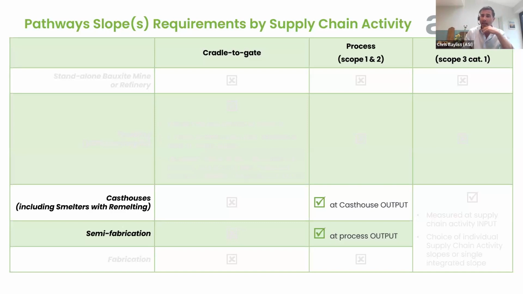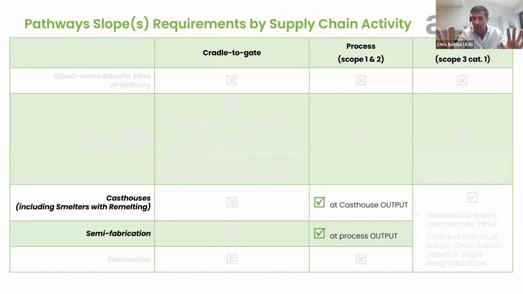Important to note for cast houses, it's the intensity of all input materials. So you need a weighted average between hot metal, cold metal, and scrap, with a yield value applied to the scrap because you're going to get some losses from the scrap input as well. So slight complexities there, but the important thing to note for those processes is procurement is measured at input, but the process, Scope 1 and 2, is measured at output.